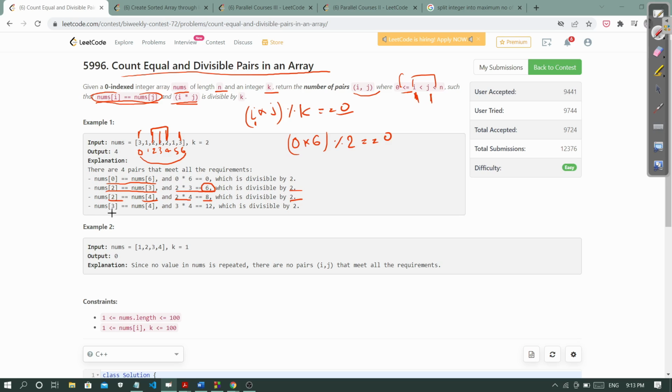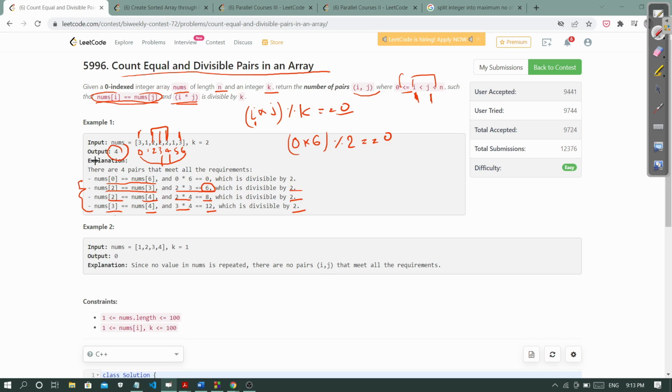And if I consider nums[3] and nums[4], both are also valid because both are equal, and multiplying the indexes gives 12, and 12 is divisible by 2. So these 4 are the valid pairs, so we have to return 4.